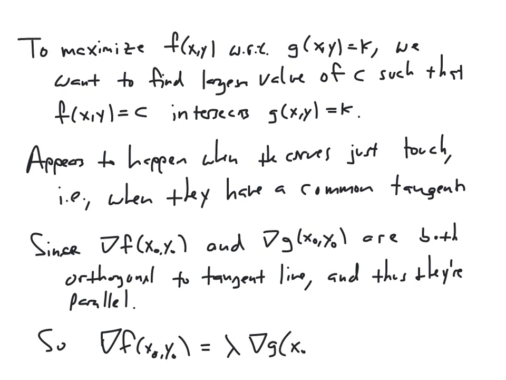The gradient of f is going to be some constant times the gradient of g for some real number lambda. This is what it means for two vectors to be parallel, or to be in the same direction, is that they are scalar multiples of each other. And this symbol lambda, as I just mentioned, is referred to as the Lagrange multiplier.